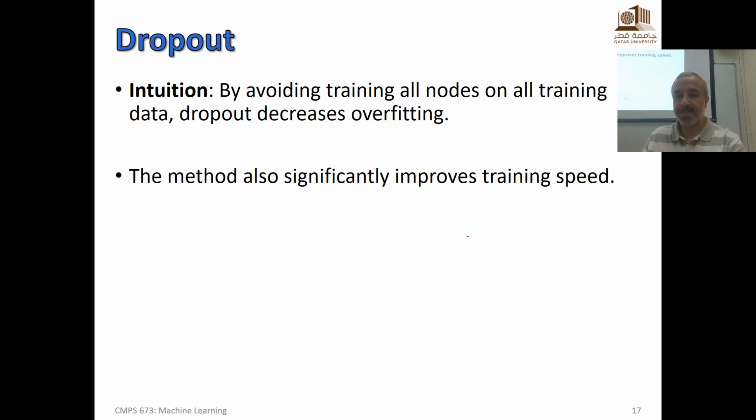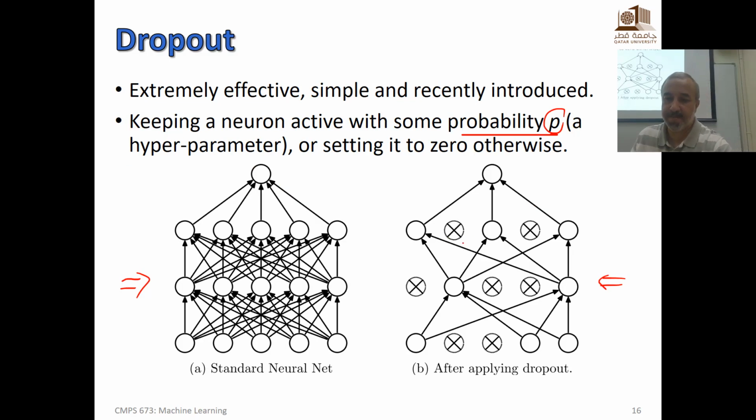What is the intuition? If we remove neurons with every example, then of course some neurons will be activated at one example and other neurons will be activated with another example, right? And so on. So every training example will train a different subset of neurons. The intuition here is that I don't want overfitting, right? Overfitting means that the network will learn even noise.